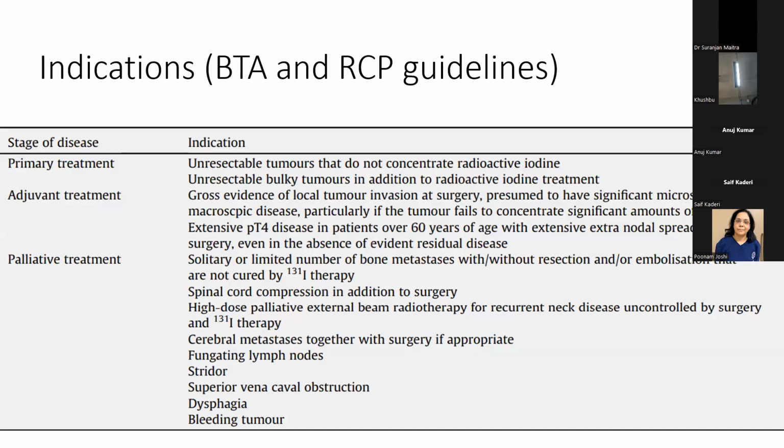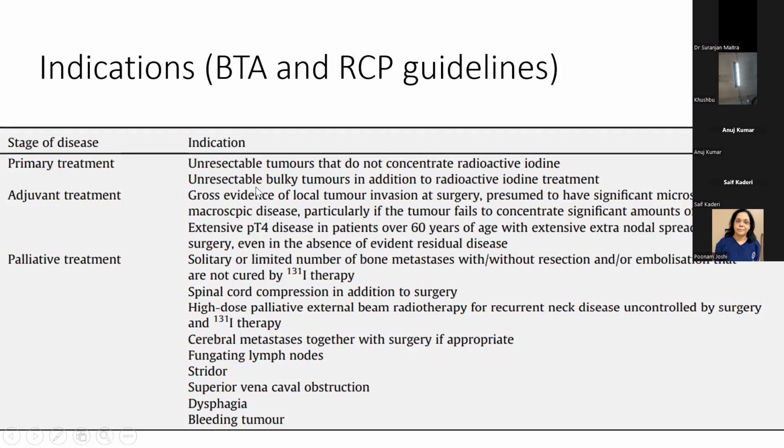It just explains the previous chart in a bit more detail. We have the primary treatment, that is for unresectable tumors that do not concentrate radioactive iodine. We have unresectable bulky tumors, where we give this in addition to radioactive iodine treatment.